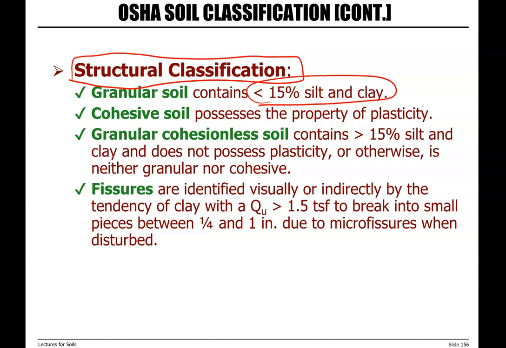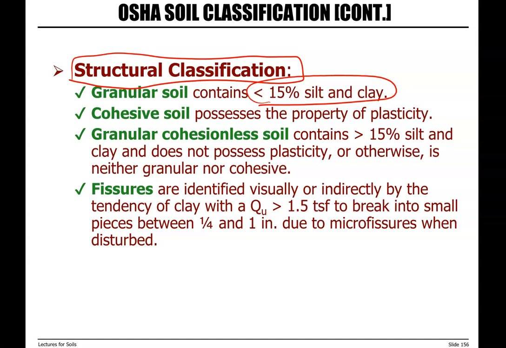Cohesive soil is the soil that has plasticity. Granular cohesionless soil has more than 15% fines, but with low plasticity or no plasticity.